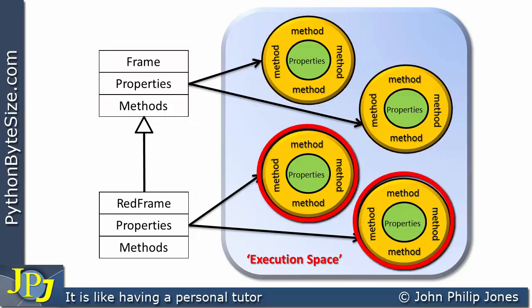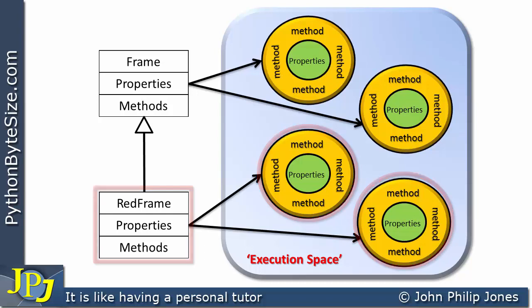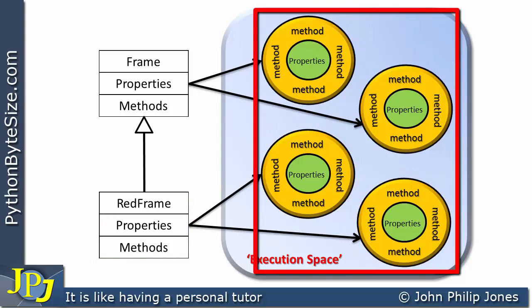These 2 are objects that are based upon the red frame class, and they have their properties set as appropriate. Each of these objects will have the self parameter identifying them uniquely.